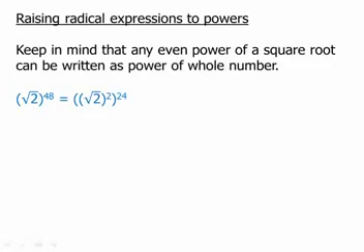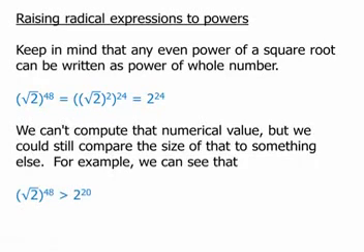So this is root 2 squared to the power of 24, which means that is 2 to the 24th. We can't compute the numerical size of that, but we still could compare the size of that to something else. For example, we can see that the square root of 2 to the 48th has to be bigger than 2 to the 20th, because that first term equals 2 to the 24th.